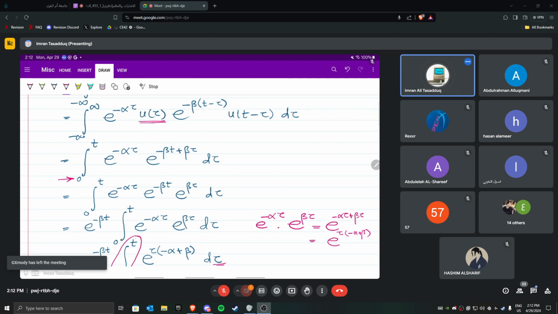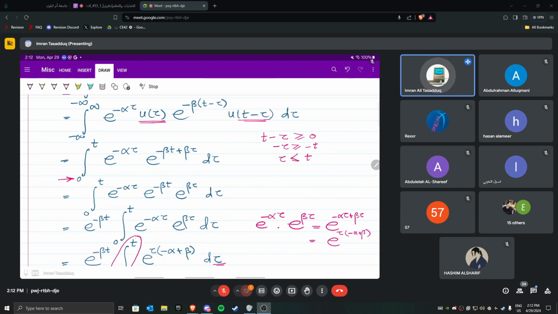The upper limit is decided by this guy, because t minus tau has to be greater than or equal to 0. Because if t minus tau is negative, then u of a negative number is going to be 0. So that means minus tau is greater than or equal to minus t, or in other words, tau is less than or equal to t.